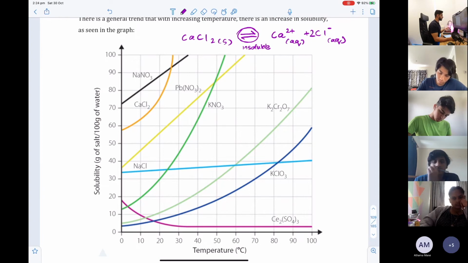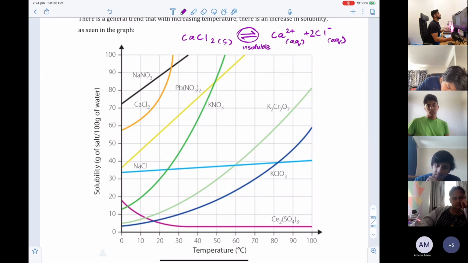Does that make sense? Good. So calcium chloride should be a soluble one, but for this purpose, let me change this to lead chloride. I think you'd all know lead chloride. Lead was an exception to chlorides. Remember, chloride is normally a soluble salt. Okay, and I'll change the right-hand side to lead as well.